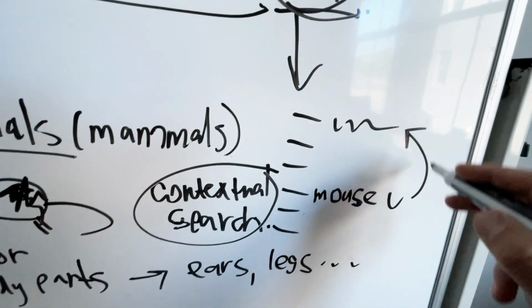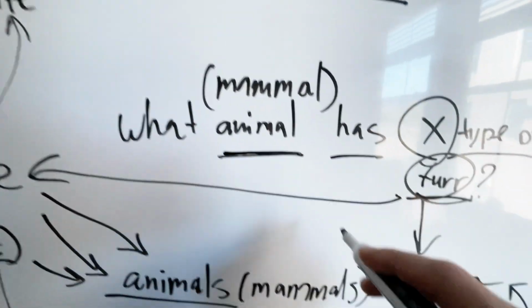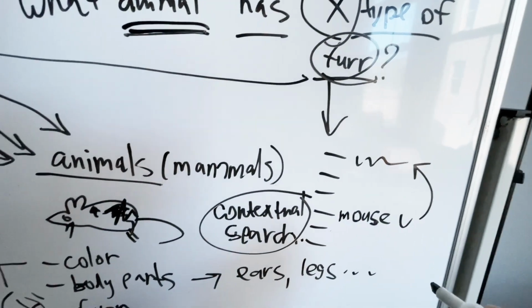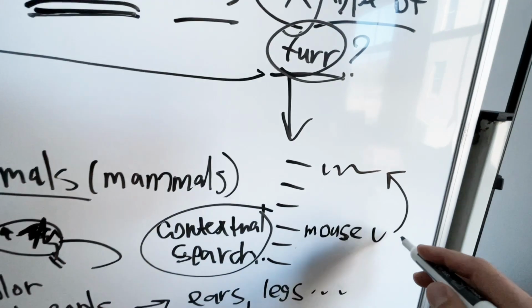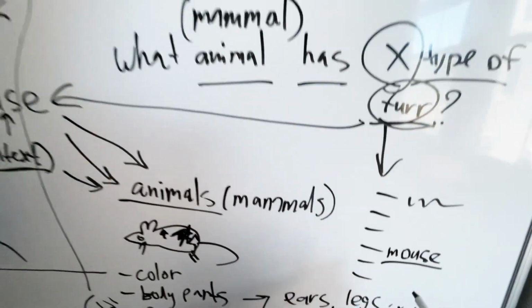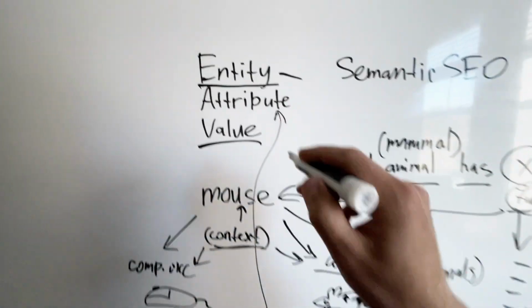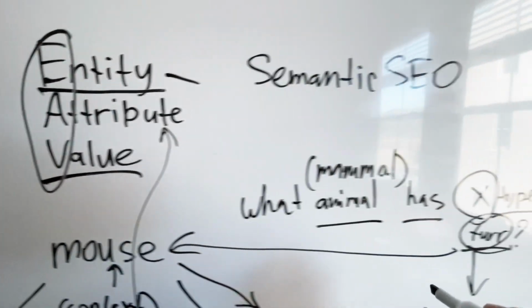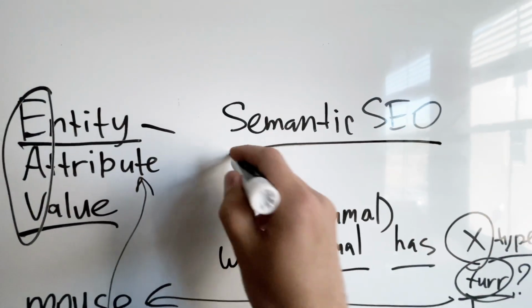And this is how Google can predict what type of animal, what type of entity you're looking for. It's going to use all kinds of information just to serve you the best result. So this is basically how Google works and how it uses the EAV structure to extract or retrieve information. And this is what we learn in semantic SEO.